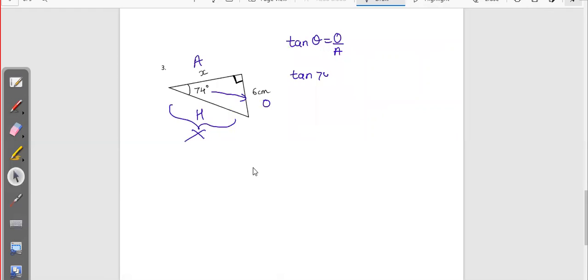Tan of 74 degrees, opposite side is 6, adjacent side is x. We have to find the x value. So again, this x will go across here and tan 74 will come down. So x equals 6 divided by tan of 74 degrees. Let us use this in the calculator.